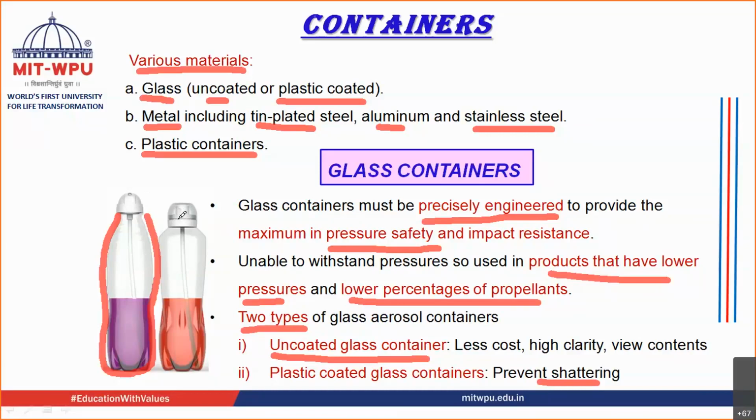So this plastic coating also helps in withstanding this pressure. Basically, in order to withstand the pressure exerted by the aerosol or by the propellant, this coating is very, very helpful.